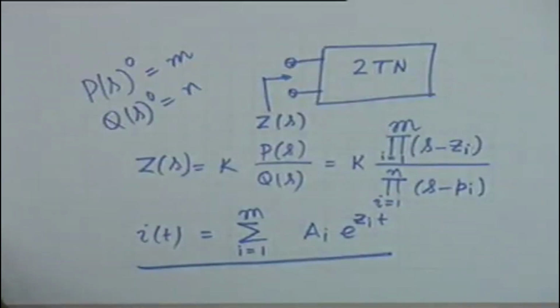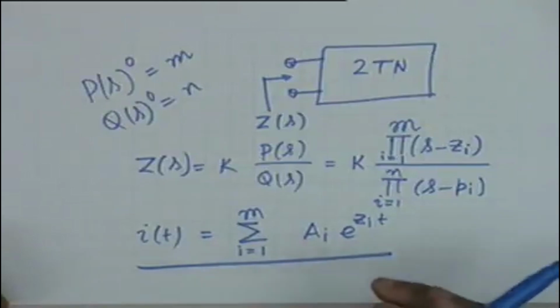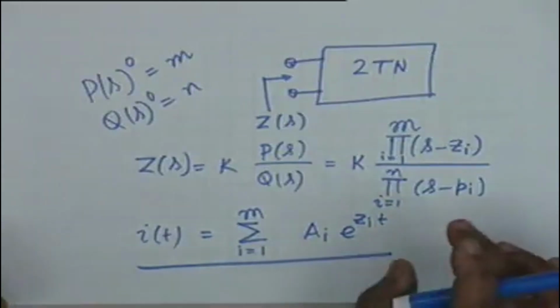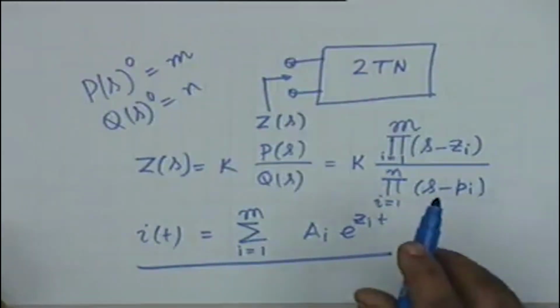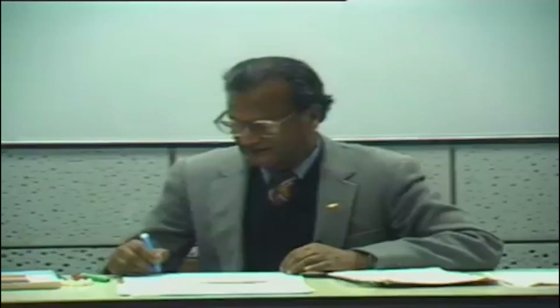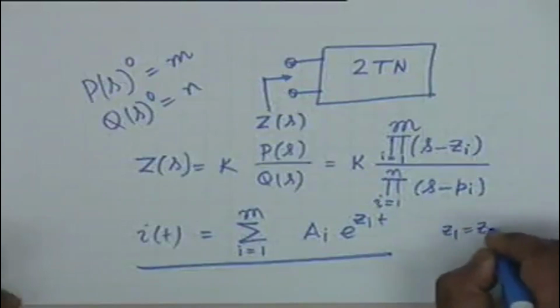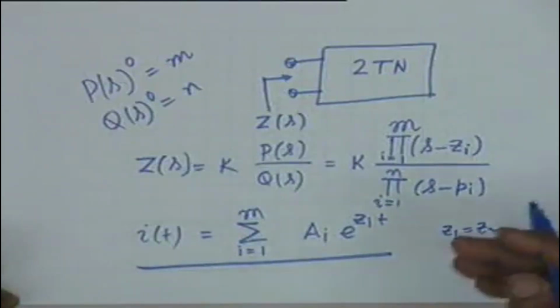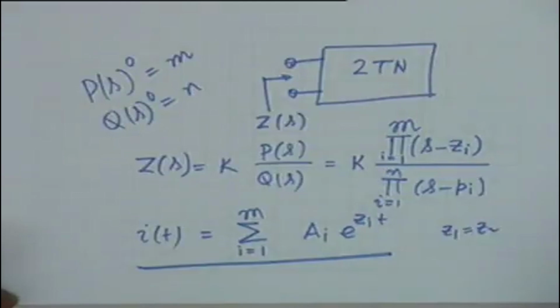But here the Zi must not be repeated. That we shall come to a little later. If there are repeated roots, then we shall have to modify in the same manner that we did for differential equations. That is, if Z1 and Z2 are equal, then instead of taking A1 e to the Z1 t and A2 e to the Z2 t, we take (A1 plus A2 t) multiplied by e to the power Z1 t. It's the same kind of modification.